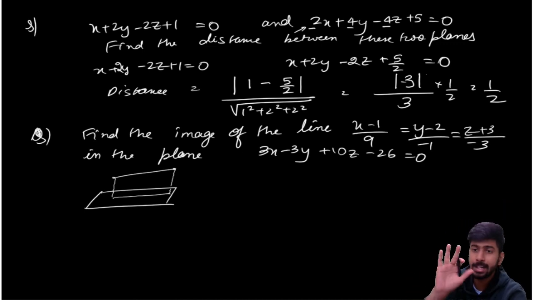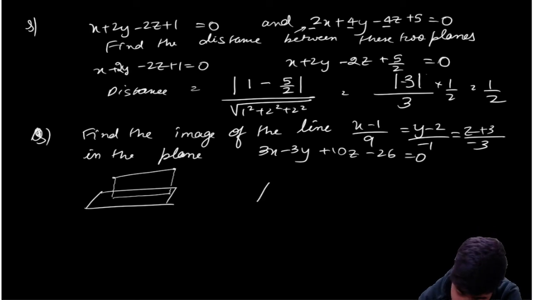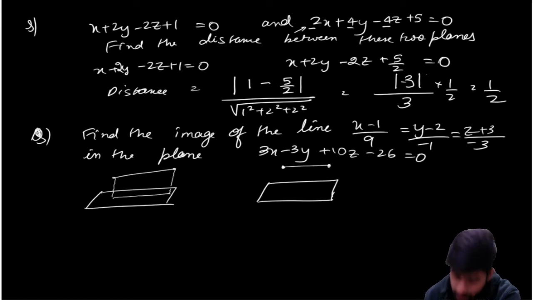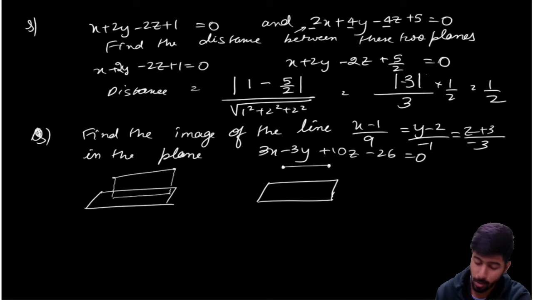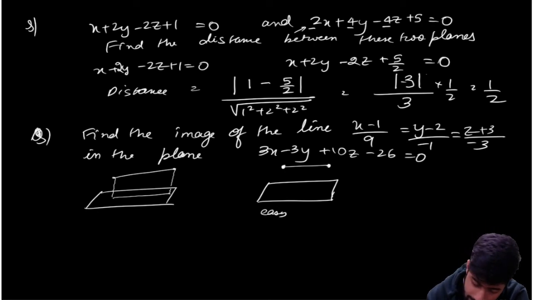So the line can be tilted or the line can be perfectly parallel to the plane. Let's discuss these two cases briefly and then go into the problem. I'll say this is the easy case, this is 1, this is 2.